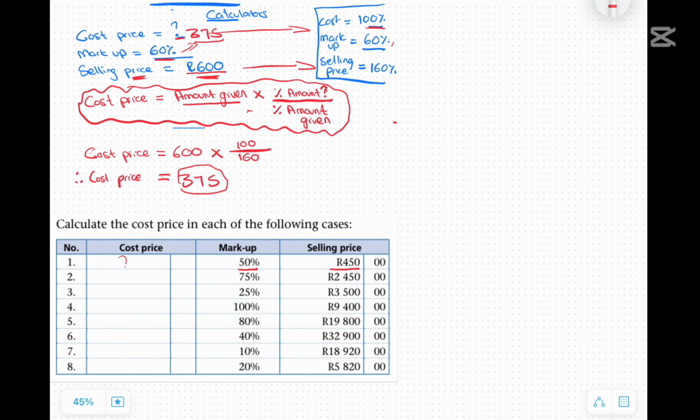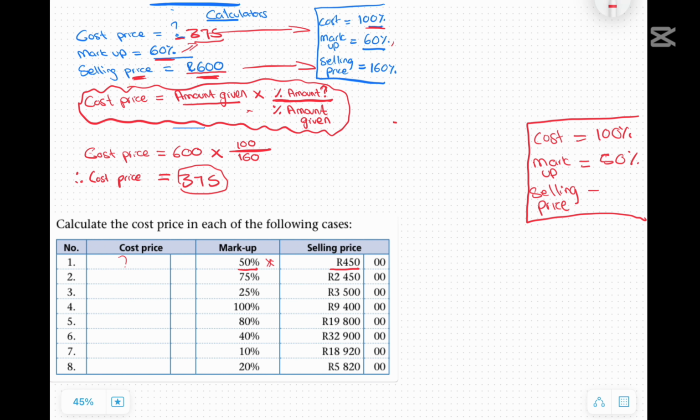So now you open your little box that I said you must always open, and then the cost price is always 100%, right? And then the markup is given to us. In this case, the markup is 50%. Selling price will be the cost plus the markup percentage, which will be 150%.